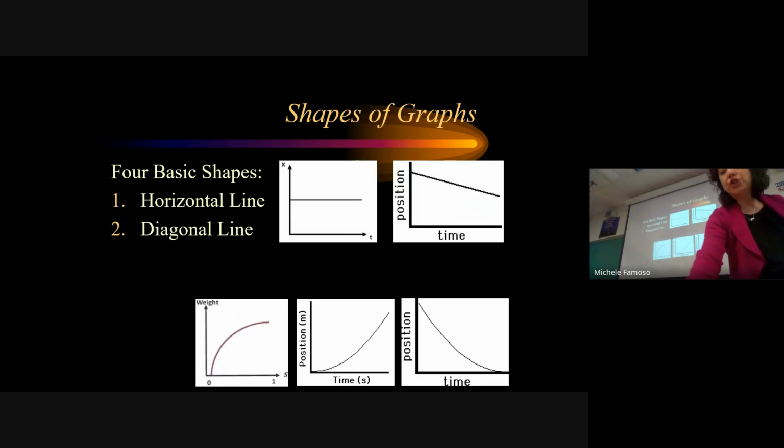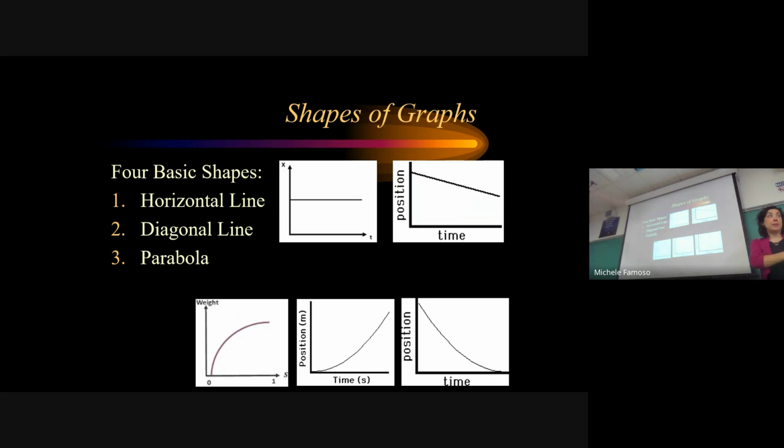All right, the third shape is called a parabola. There are actually 2 of them here, which are parabolas. Anybody know which 2 they are? Bottom 2 on the left. It's actually these 2. These 2 here are parabolas.